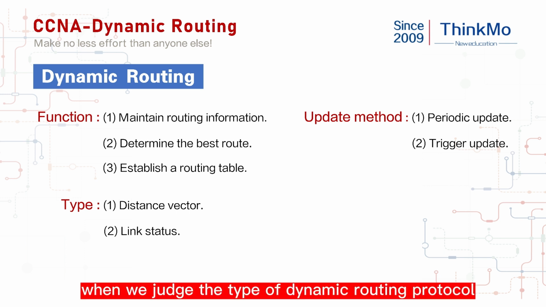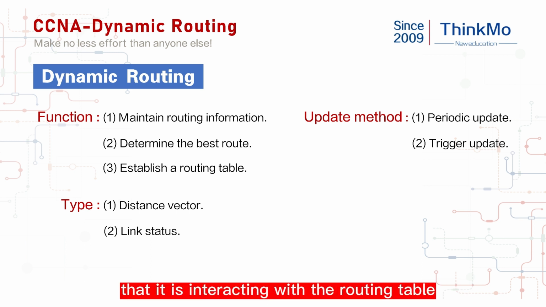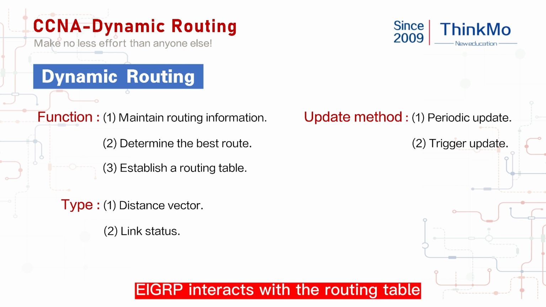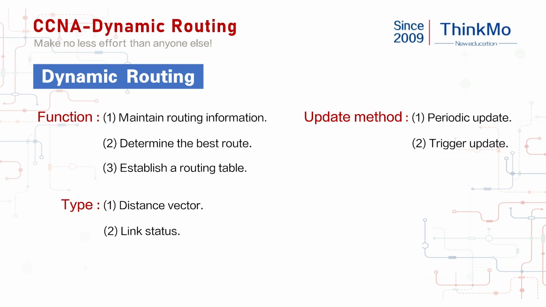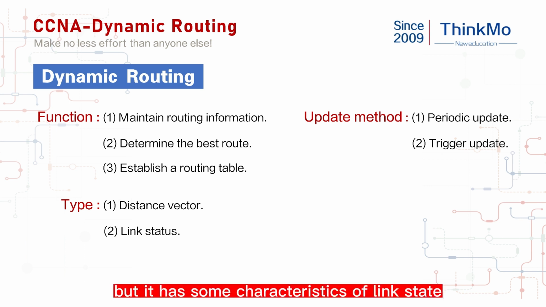When we judge the type of dynamic routing protocol, the specific thing is whether it interacts with the routing table or link state information. EIGRP interacts with the routing table, so it's essentially a distance vector protocol, but it has some characteristics of link state.